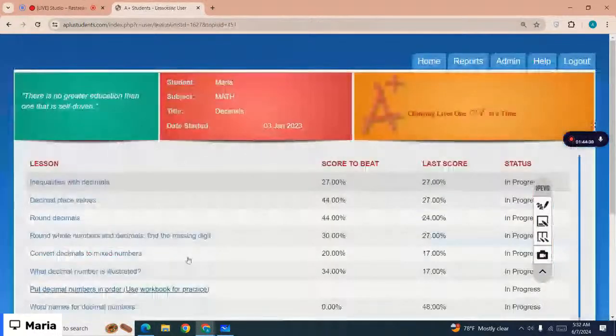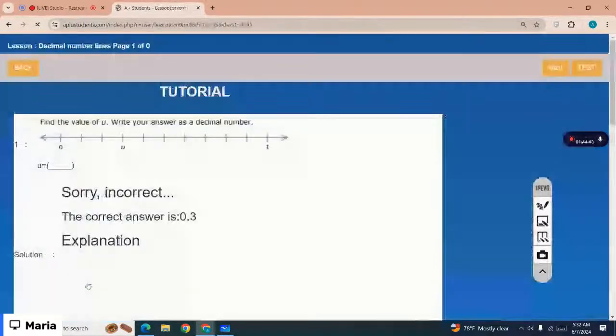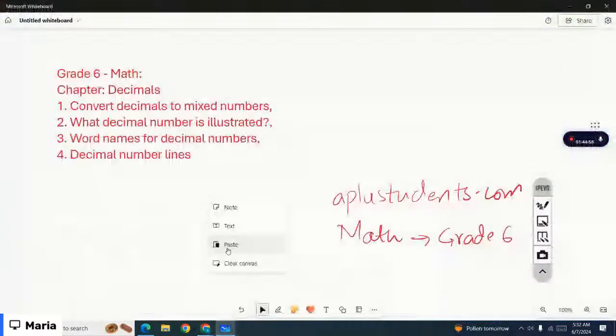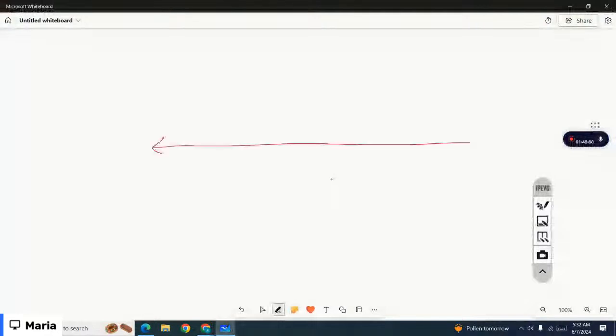Decimal number line. They are the integers, right? Between them, they have 1, 2, 3, 4, 5, 6, 7, 8, 9.